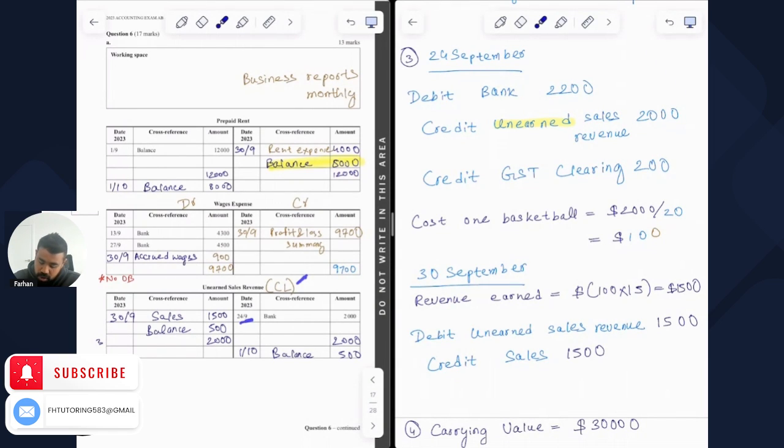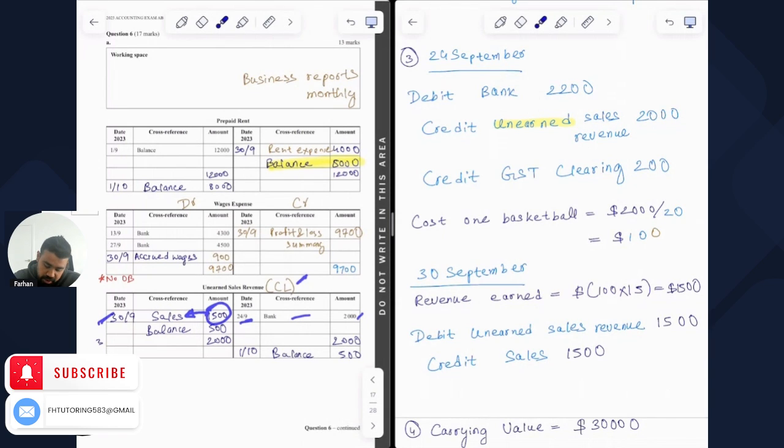On the 24th of September 2023, we received the funds into a bank account from the local basketball club of $2,000, obviously excluding GST. And then you know that on 30 September, you have delivered $1,500 worth of items, which you can confidently say as proper revenues that you have earned.